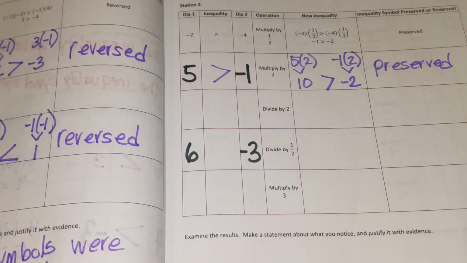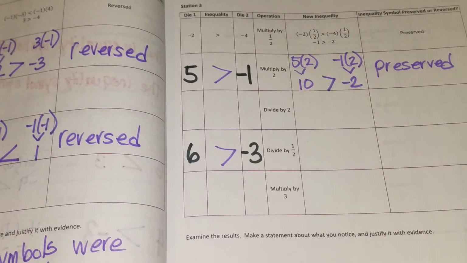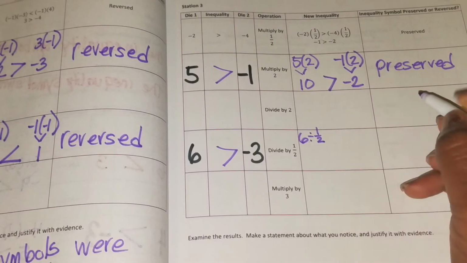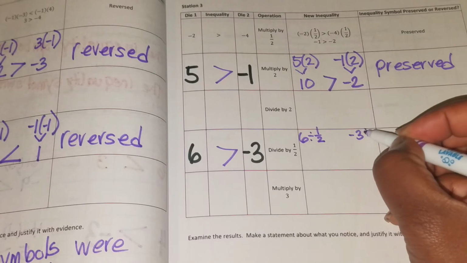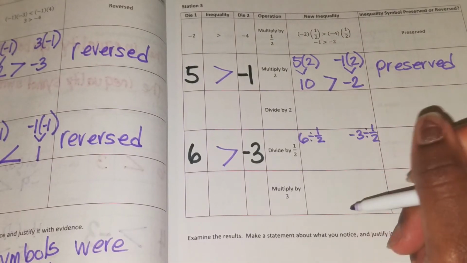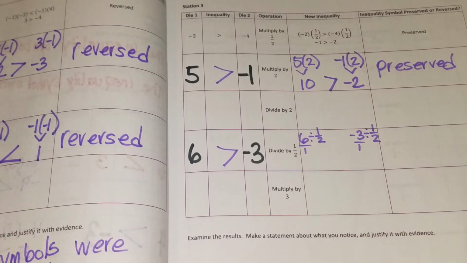So 6 is greater than -3, of course. Now let's divide by 1/2. So I've got 6 divided by 1/2, and I've got a -3 divided by 1/2. When I'm dealing with fractions and I'm dividing, let's put it over 1. Let's take one at a time.